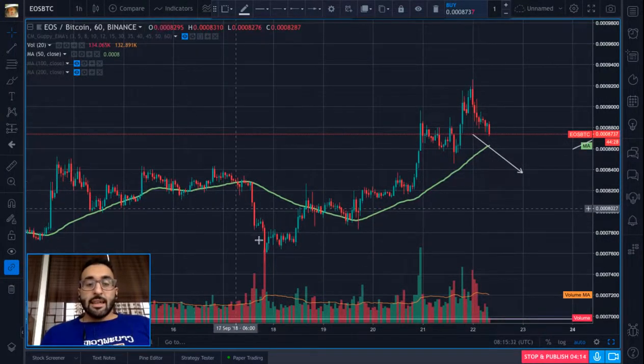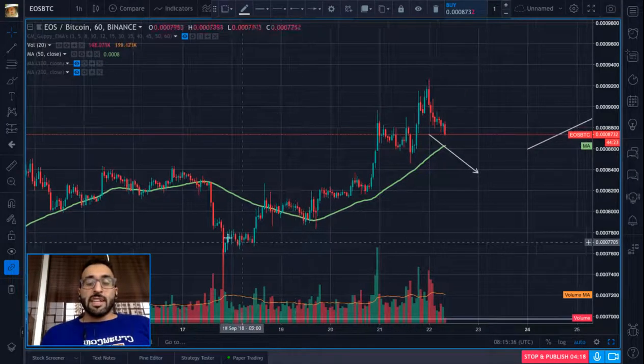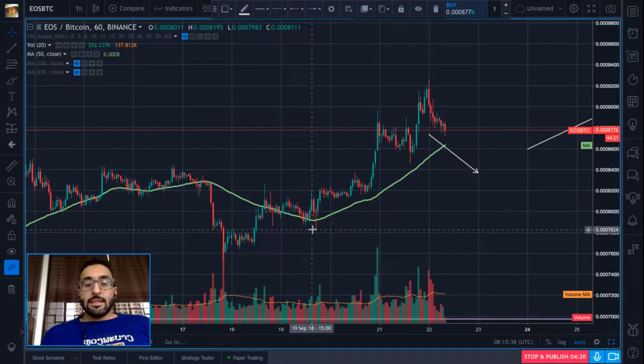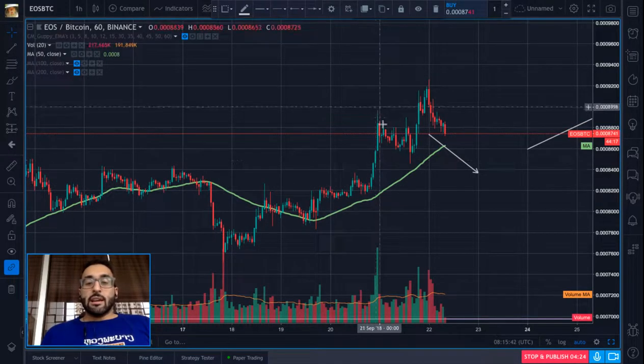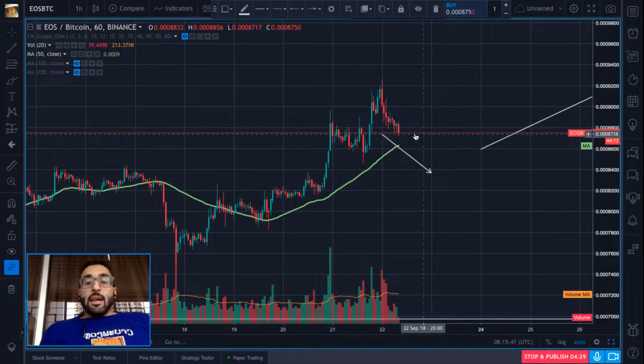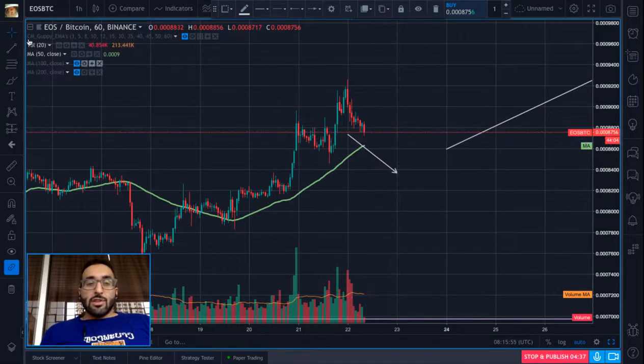As you can see, starting from this point upward, we keep making higher highs and higher lows. For this one, I'm not sure it's going to continue because it's a short-term period in the market.